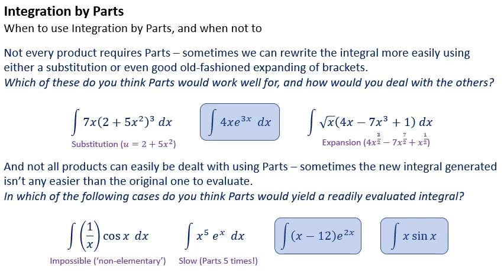Similarly, if you've got a log and a quadratic, or you've got e to the x and cos x multiplied together, those functions are not sufficiently closely related that you could find any other easy way of dealing with the integral. So parts is going to be really useful for those.